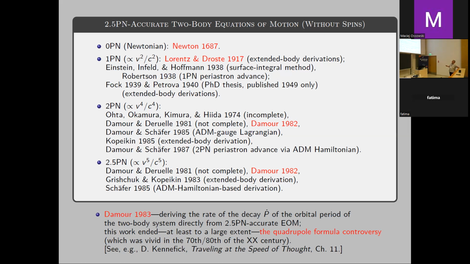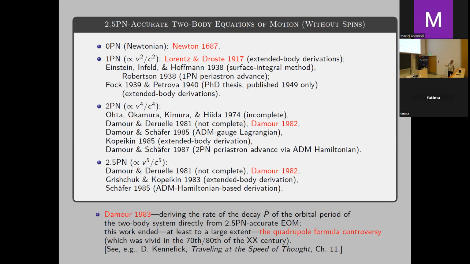The first derivation was by Damour, and also in the same year he derived for the first time completely the 2.5PN equations of motion. But I would like to draw your attention to the next year, in which appeared I think the very fundamental paper by Damour, in which he derived the decay of the orbital period of the two-body system directly from the 2.5PN accurate equations of motion, not assuming any type of balance equation.